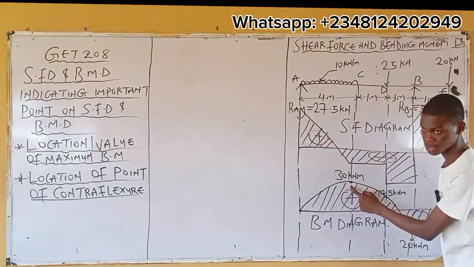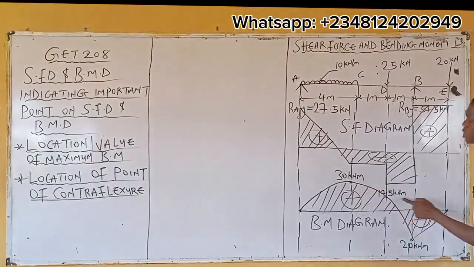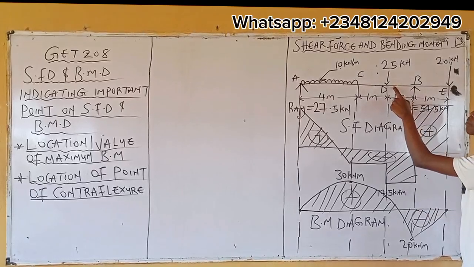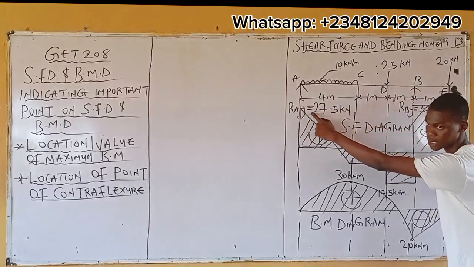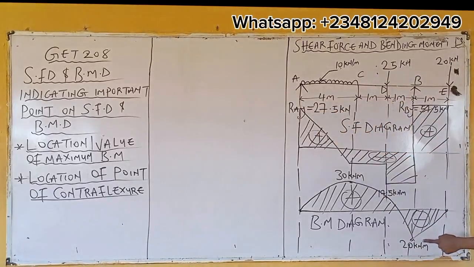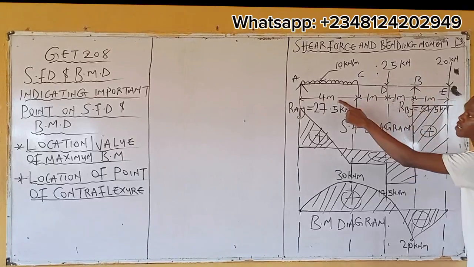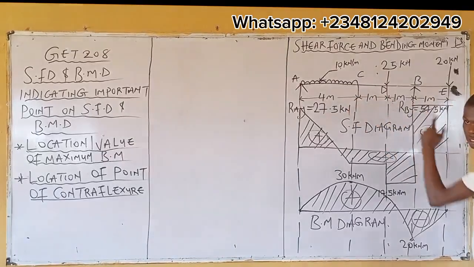That's what gives us this 30. The next one, 17.5: we did bending moment calculation about d. What's the distance? 5 meter. The next one, 20 kilonewton meter: we did our bending moment calculation at b. What's the distance? 6. How do you get 6? 4 plus 1 plus 1, right?